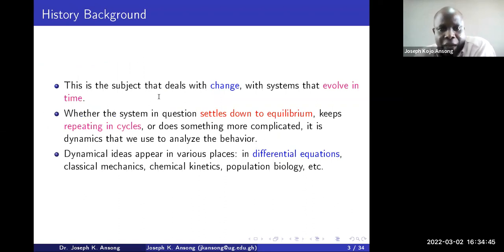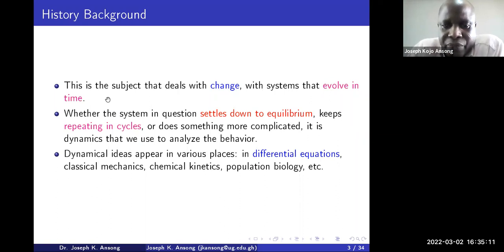So I mentioned already that the subject deals with change.